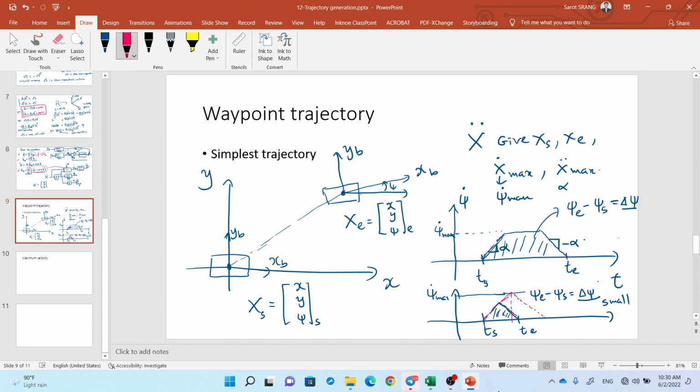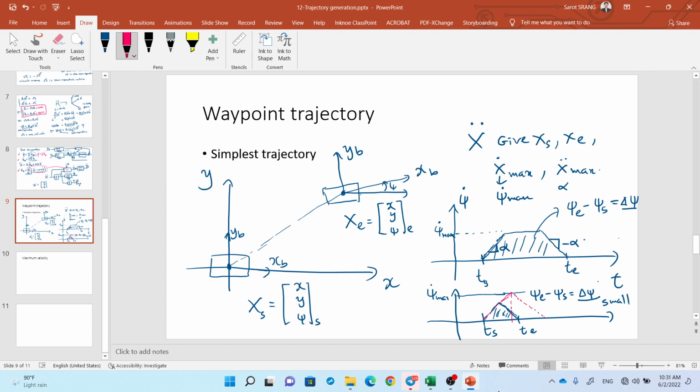So actually, let's call that delta psi the full plate condition. That delta psi condition equals two times one half of this, tau p times psi dot max.